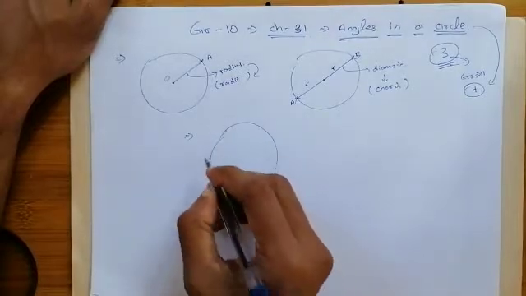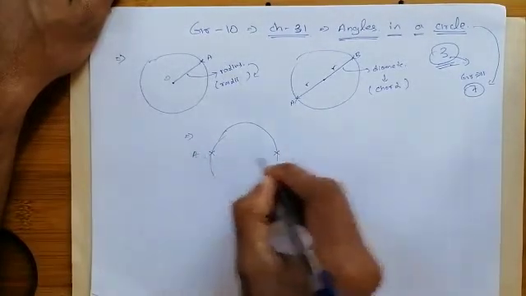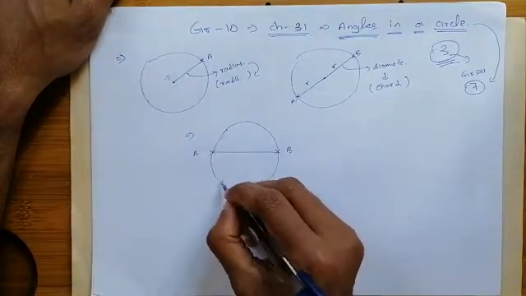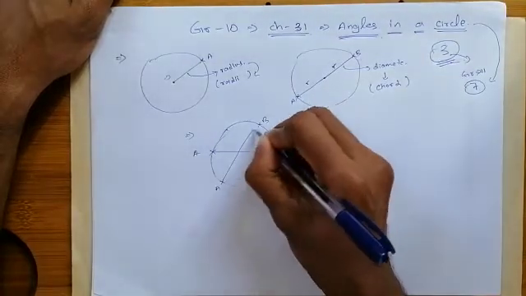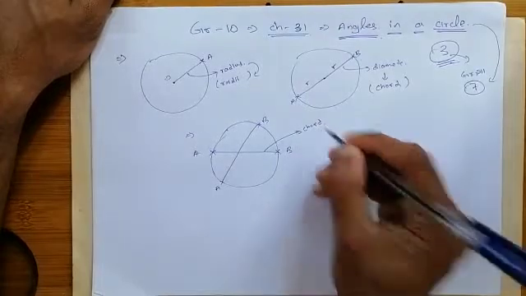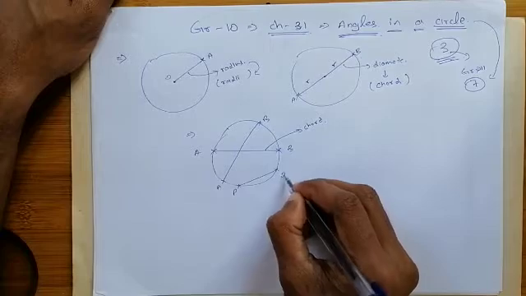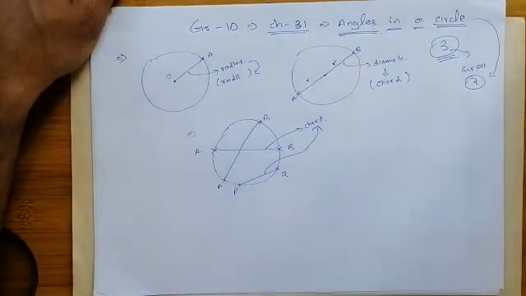In a circle, if you connect any 2 points on the circumference, we call it a chord.